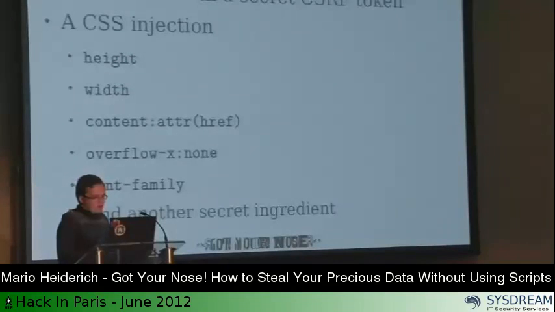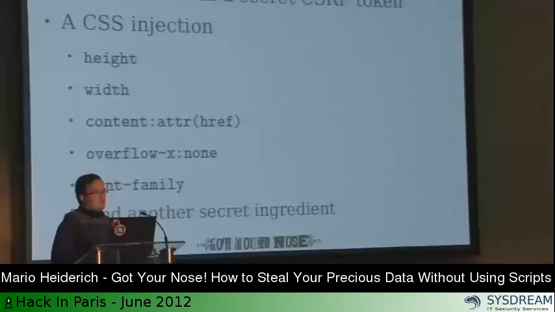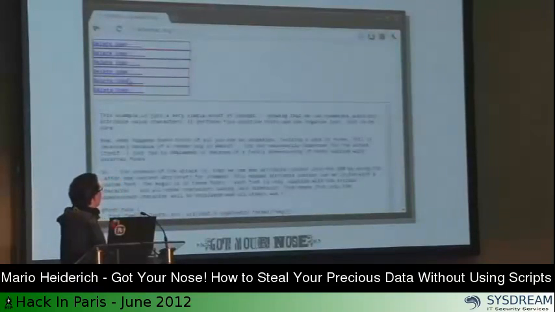Why is the cursor here? Then we have, again, our good old friend, content attr href. So we extract the value of a link and put it into the DOM. Then we have overflow-x equals none, so it doesn't overflow in the horizontal direction when it's bigger than its surrounding box. Important. Then we have font family again, so we're gonna do nasty stuff with fonts again, and another secret ingredient.